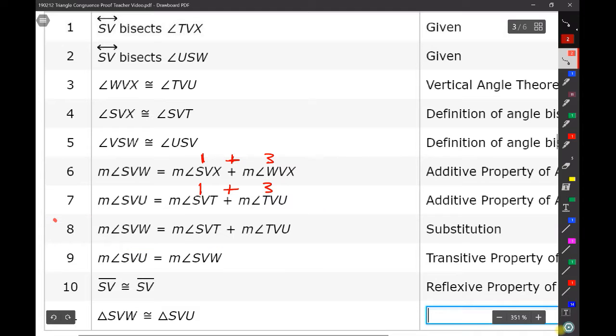Now, watch this. Because A is equal to B and B is equal to C, A must be equal to C, and that's how we come up with line 9. That's our transitive property.